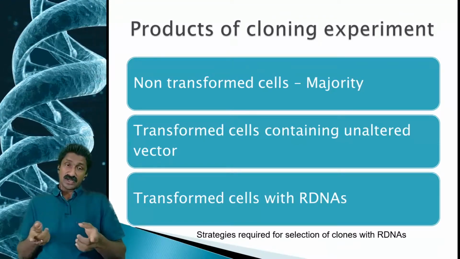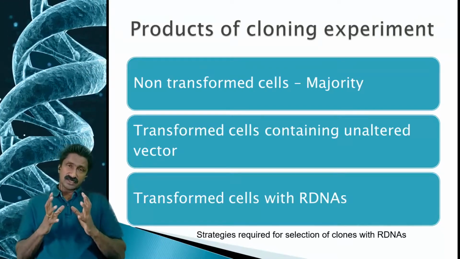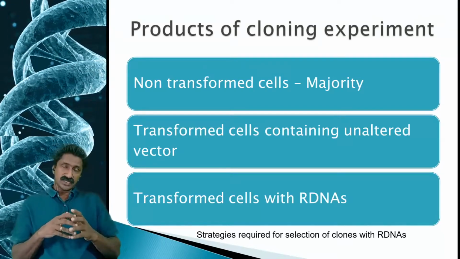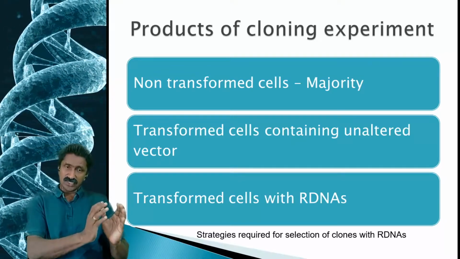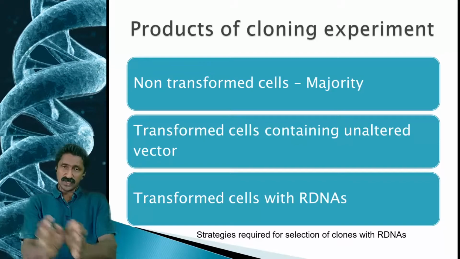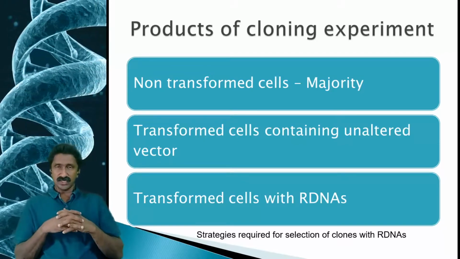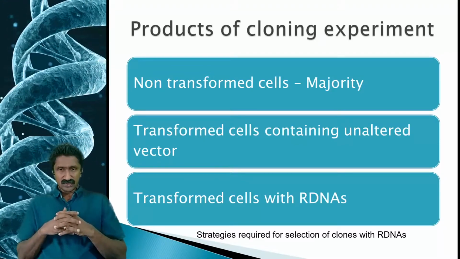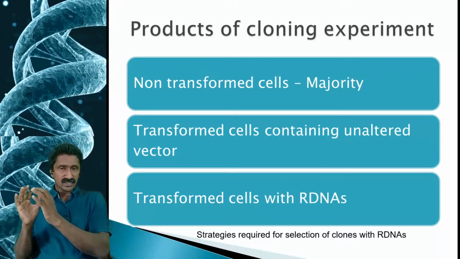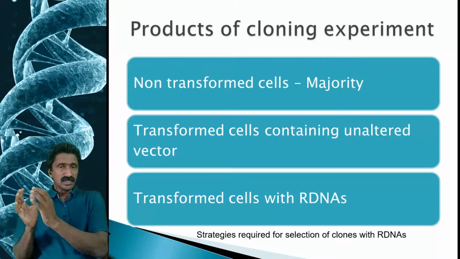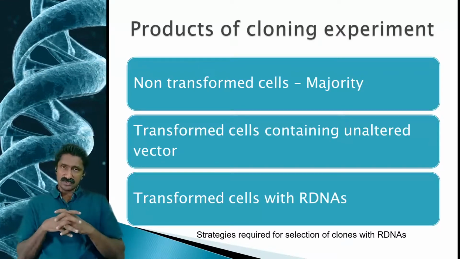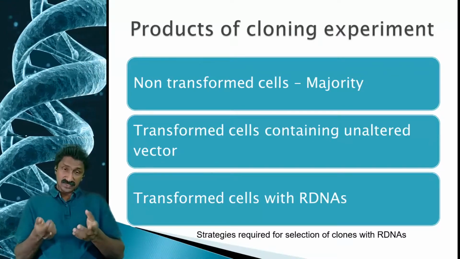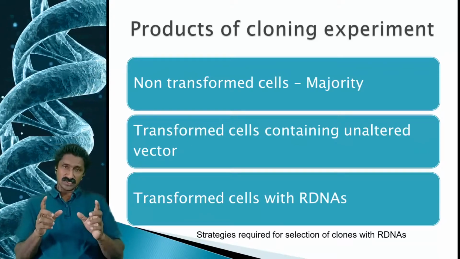Now there are transformed cells containing the unaltered vector. So another possibility is that, for example, we are cloning the insulin gene in pBR322 and subsequently transferring it into an E. coli host. The first case is untransformed E. coli cells without the plasmid vector and the DNA construct. The second possibility is transformed cells with the plasmid.